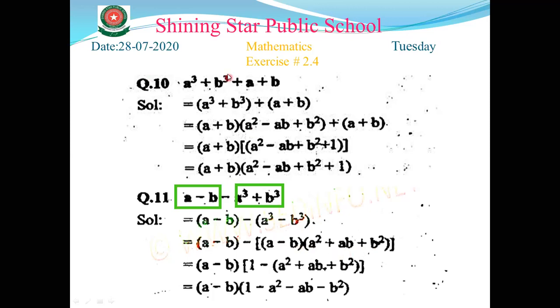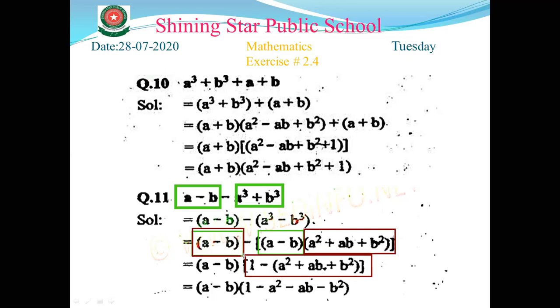Now we know that in this step we have a minus b and a minus b, so it means a minus b is common between these two terms. So take the common a minus b, so we get 1 minus (a² plus ab plus b²), a² plus ab plus b² from here and 1 from here.